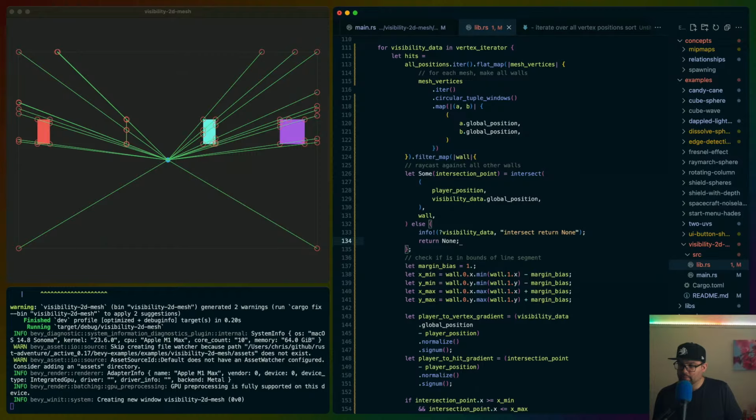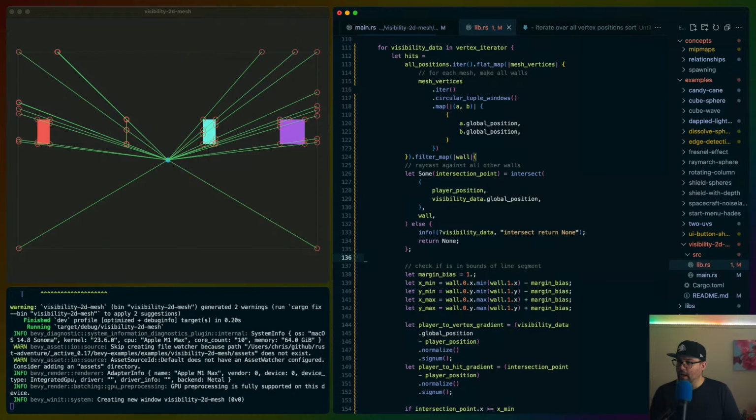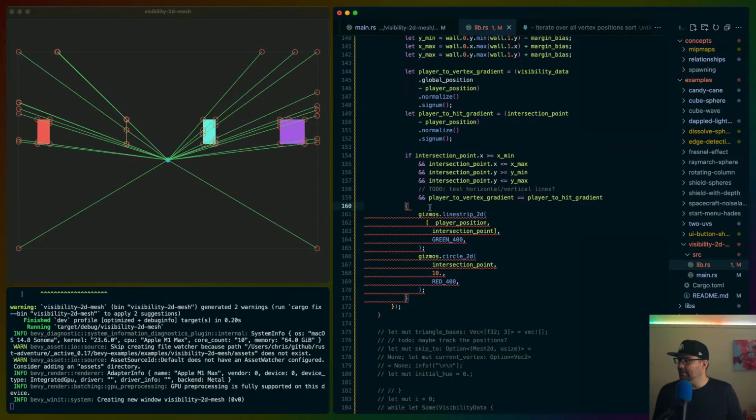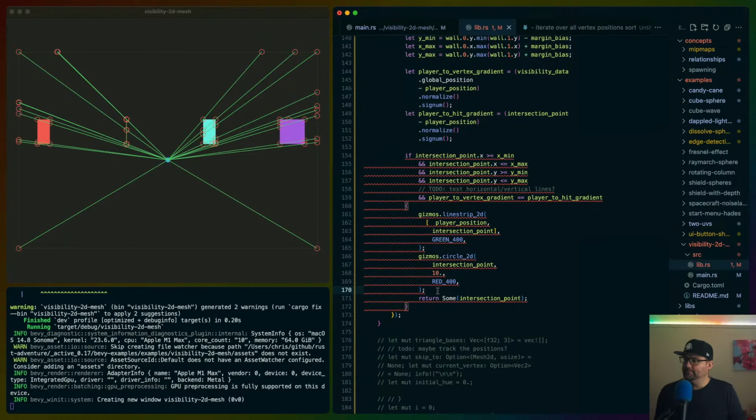Technically, this can be a question mark instead of this extended let some or let else. But I want to see that log if this ever happens. It doesn't matter that we're returning none here because there's nothing to do. But I want to see that if it ever happens. So this then, we return some intersection point, right?